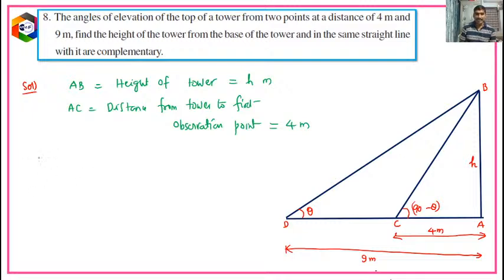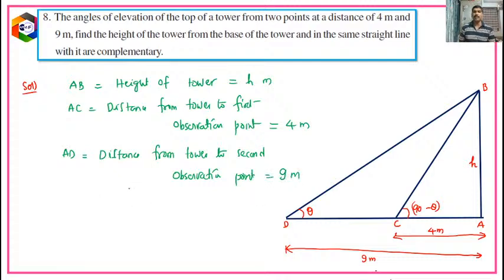And next, AD will be the distance from the tower to the second observation point, this is the second observation point, which is equal to 9 meters. That is clearly given. And angle ACB is equal to 90 minus theta, since angle ADB is equal to theta. So this is the information from the diagram.